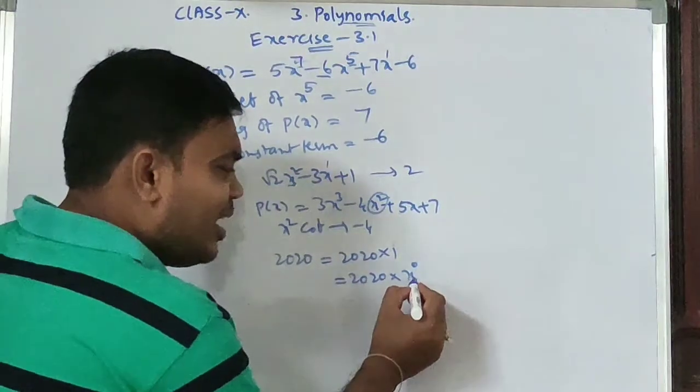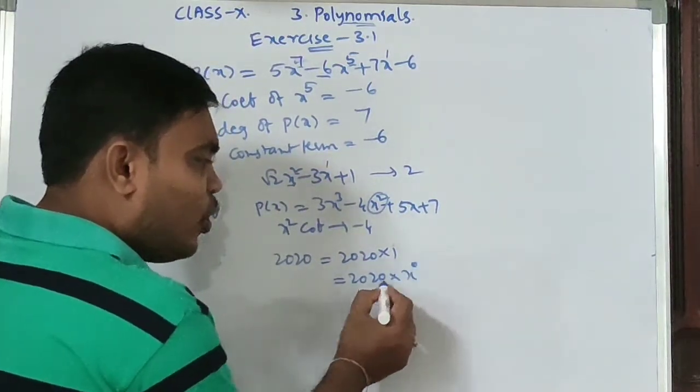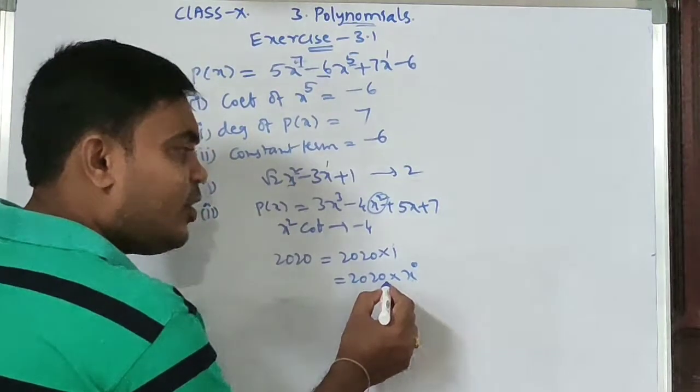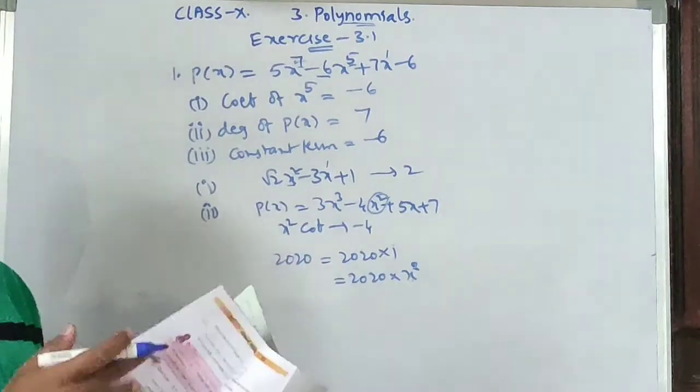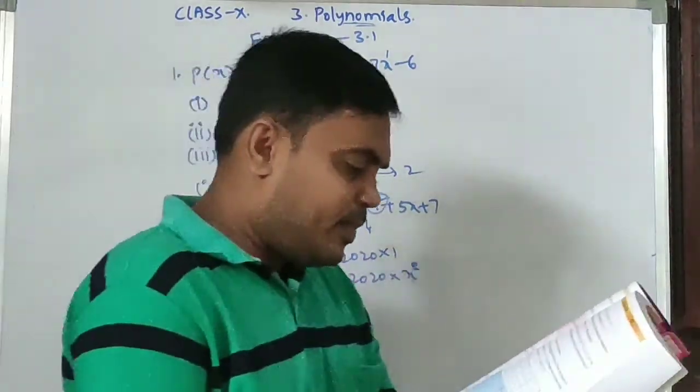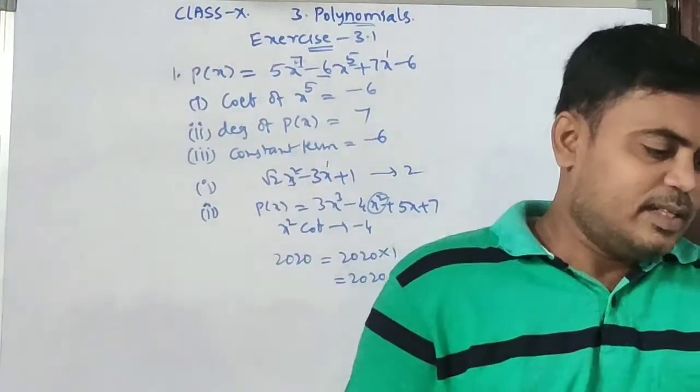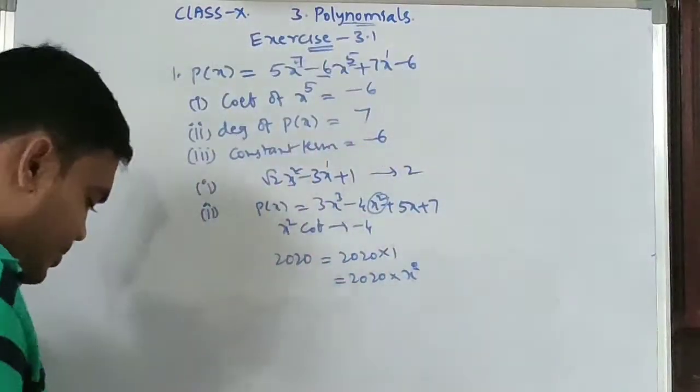So, in this x power 0, the coefficient 2020 is not equal to 0. The highest power is 0, so its degree is equal to 0. So, the given statement is correct.